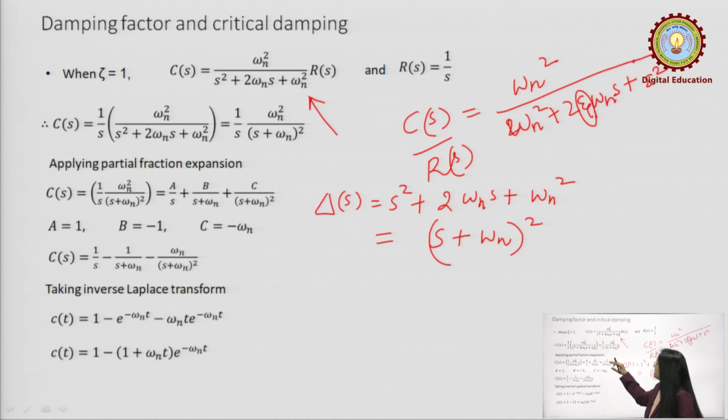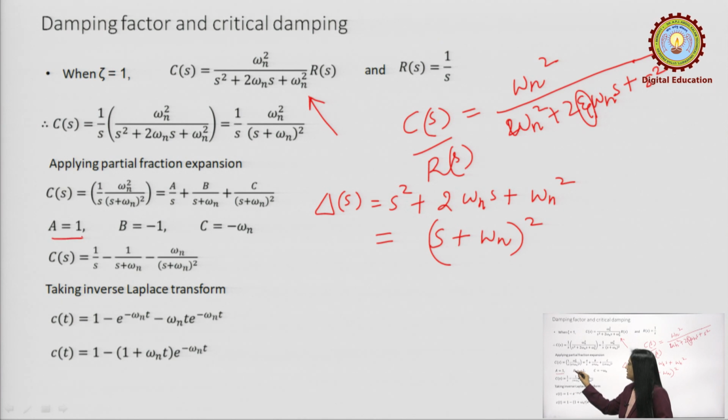Now, we are applying the partial fraction expansion to this. 1 upon s into omega n square over the denominator having 2 roots, as we have already seen, minus omega n. Applying partial fraction expansion, it is A by s plus B upon s plus omega n plus C upon s plus omega n the whole square.